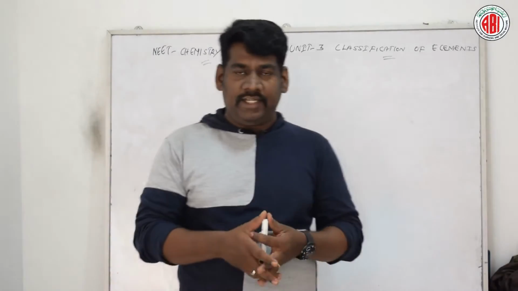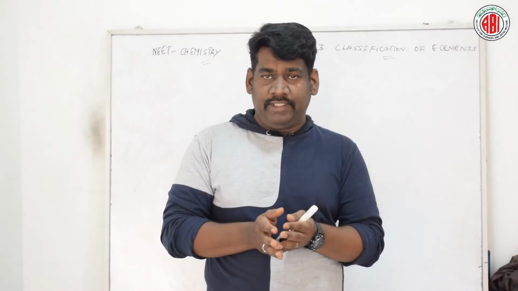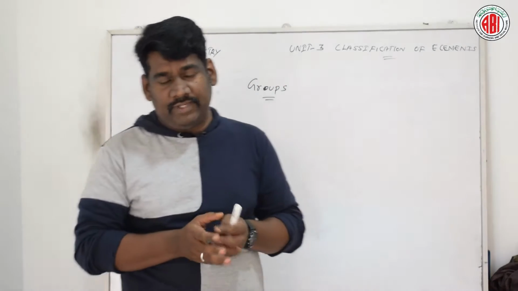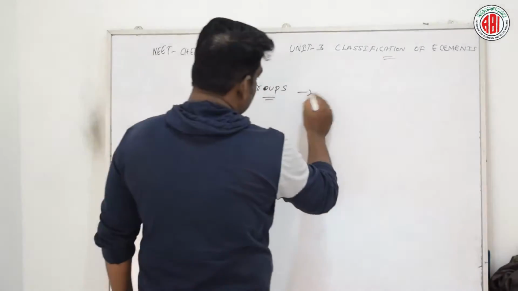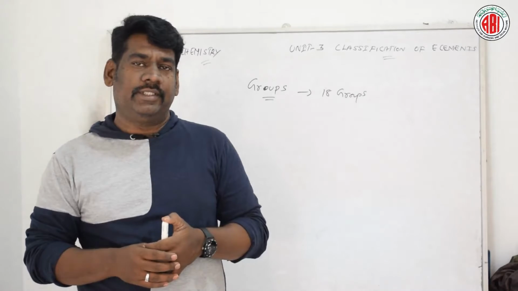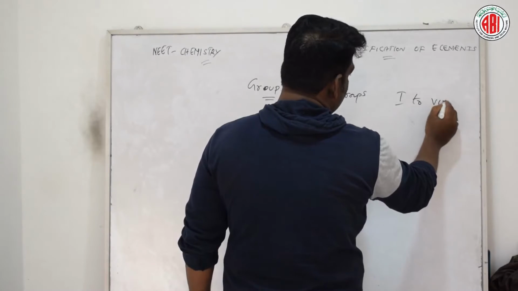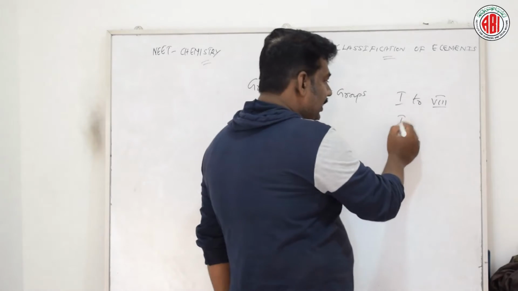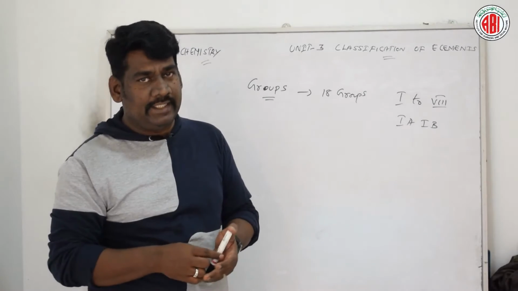In terms of the electronic structure of the atom, a group constitutes a series of elements whose atoms have the same outermost electronic configuration. For example, in the long form periodic table there are 18 groups, and earlier these were named 1 to 8, including the subdivisions 1A, 1B and 2A, 2B, up to 8A and 8B.